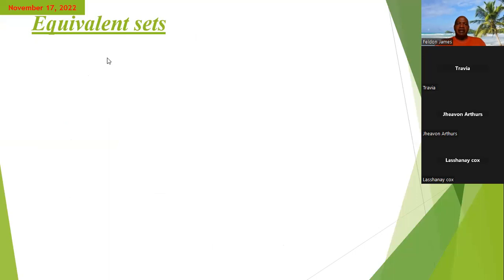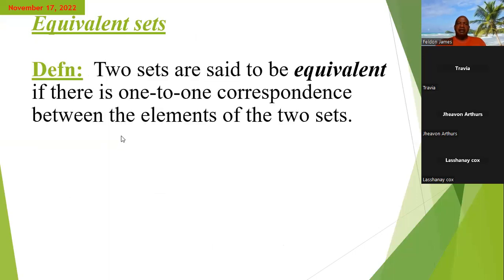The definition here: 2 sets are said to be equivalent if there is a one-to-one correspondence between the elements of the 2 sets. Notice we say there's a one-to-one correspondence. Anybody can tell me what you think that means, Ms. Cox? When we say we have one-to-one correspondence between 2 sets, what does it mean?